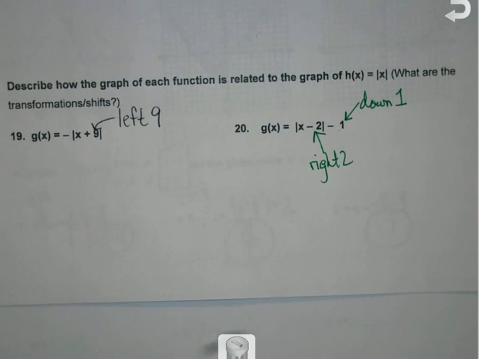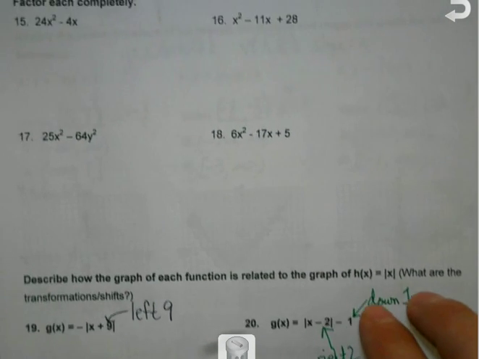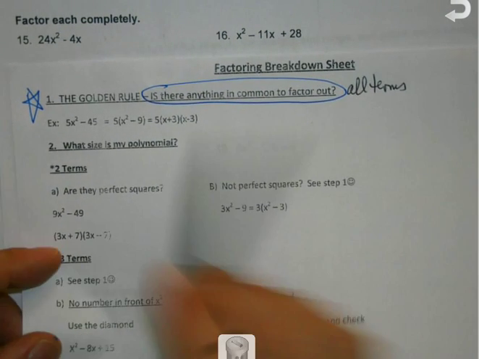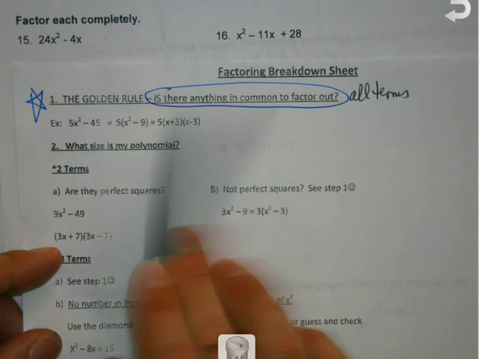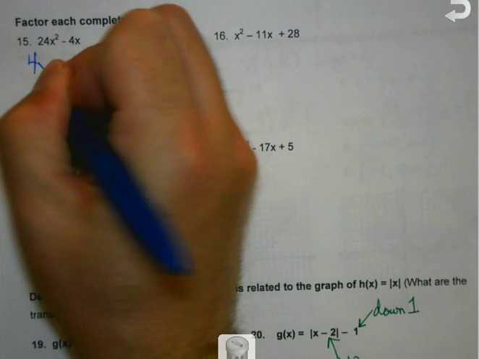Then we get to go back for one last dance with factoring before we get to tomorrow. So I look, again, I can't stress this enough. When you're factoring, first rule, anything in common to factor out or that divides into both. Anything in 15? 4 and an x.